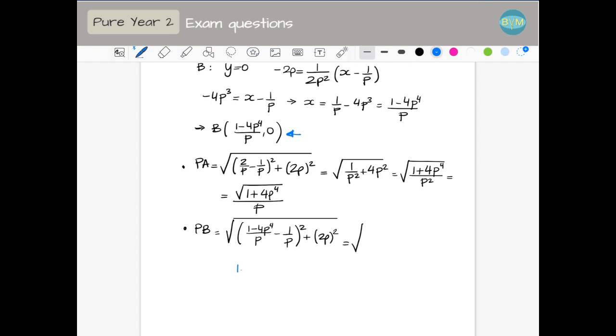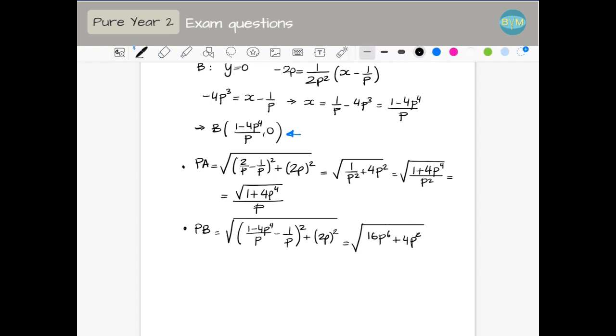So I have 1 minus 4p to the power of 4 minus 1 over p. These two are gone. So I have minus 4p cubed, and this goes squared. Yeah? So what I have is minus 4 squared is 16, p to the power of 6. And then plus 4p squared, which is this bit here.